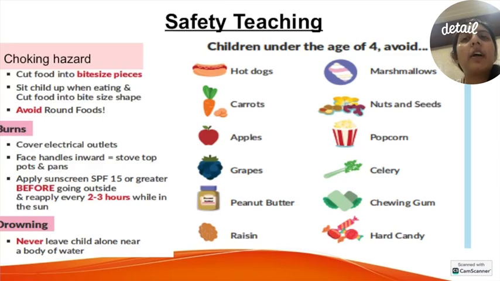Apply sunscreen SPF 15 or greater before going outside, and reapply every 2 to 3 hours while in the sun. For drowning, we close bathroom doors and never leave the child alone near a body of water. Bathtubs, toilets, and pools are the most common places where drowning occurs.